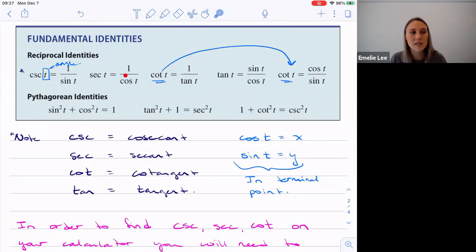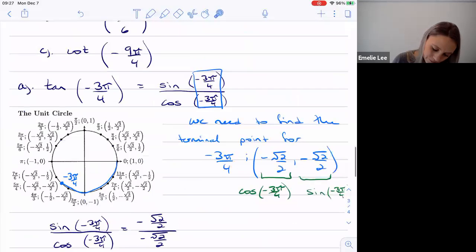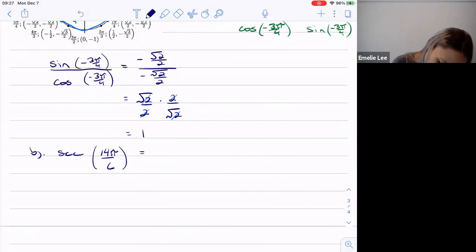The secant is the same as 1 over the cosine. So now I only need the x value at this angle. So the secant of t is 1 over cos t, so I'm going to rewrite this as 1 over the cosine of 14 pi over 6.